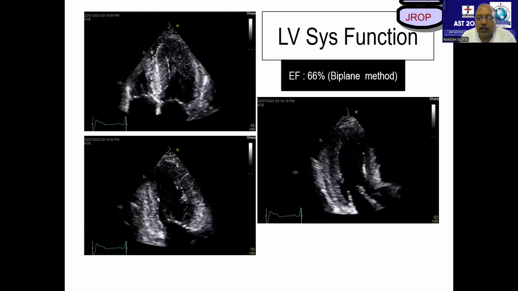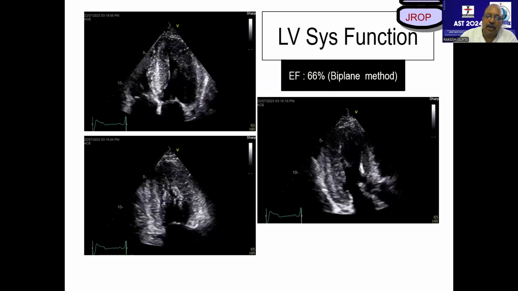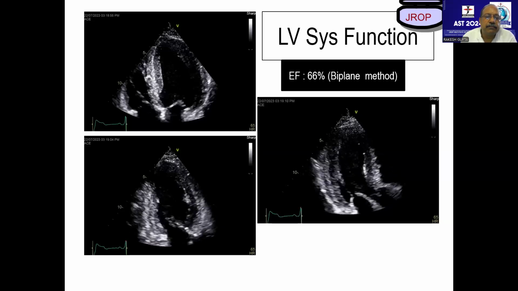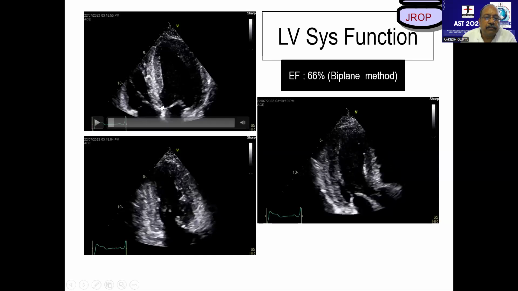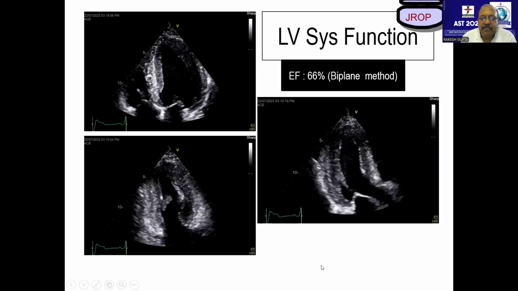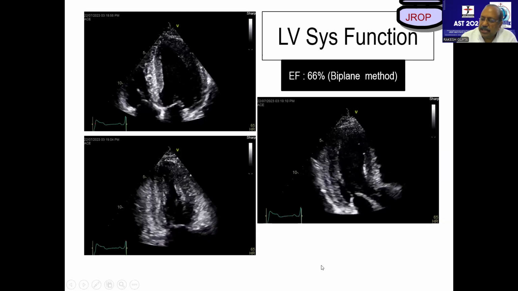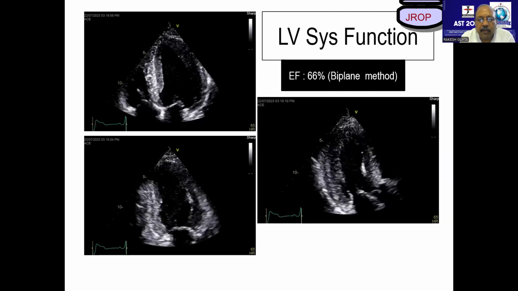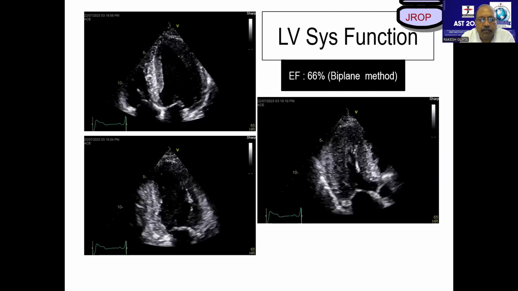Now look at an echo. Normal, abnormal. Dr. Shekhar, normal, abnormal. It looks like concentric hypertrophy. Correct.